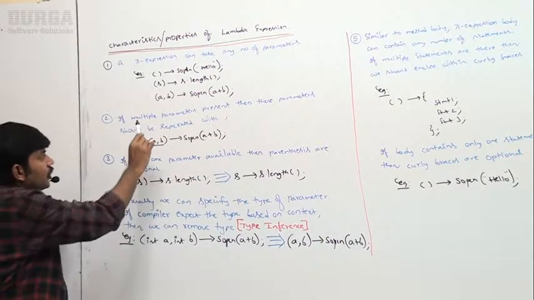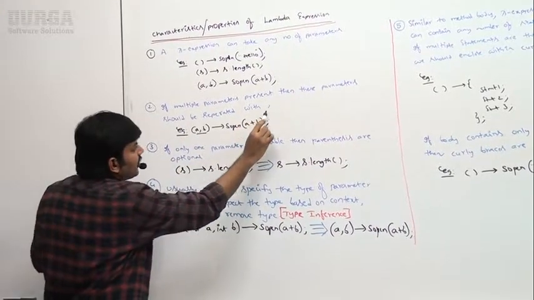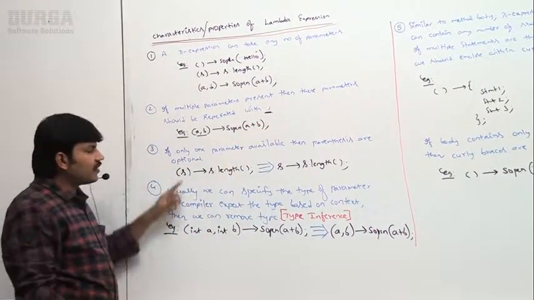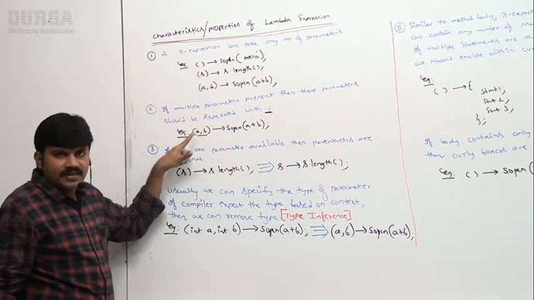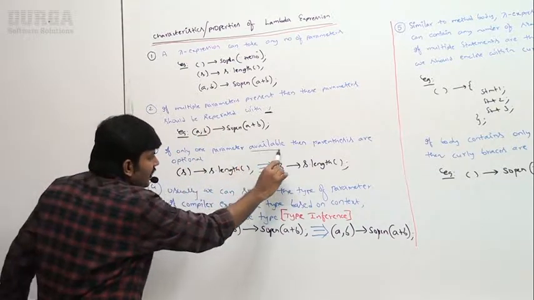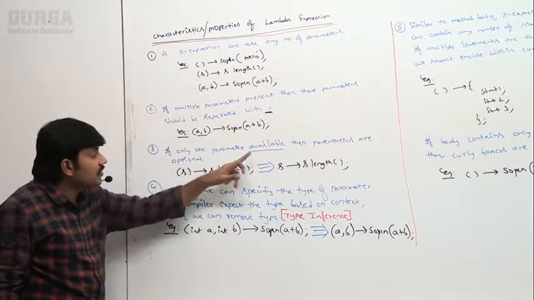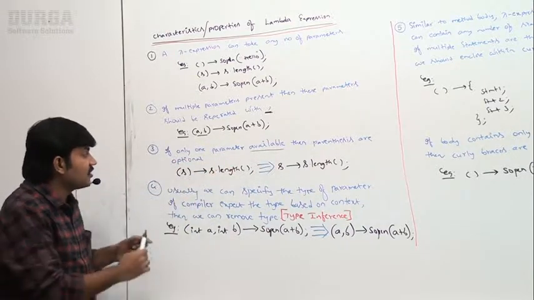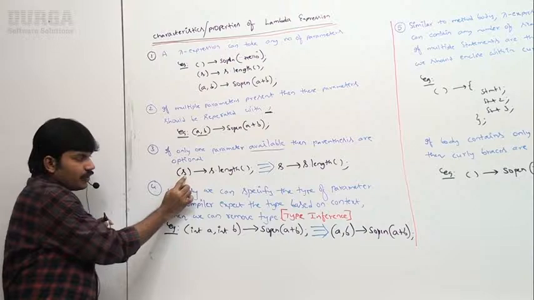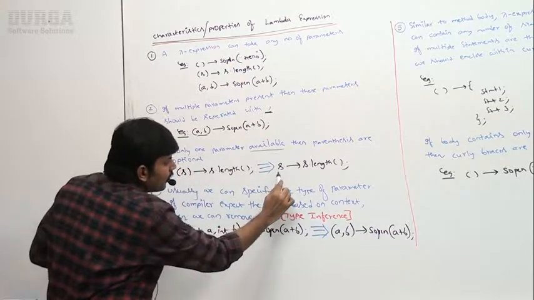Next, if multiple parameters are present, then these parameters should be separated with a comma. Have you observed, right? a comma b like this. If only one parameter is available, then these parentheses are optional. Here only one parameter, but I took parentheses. If you want, you can remove them, no problem at all.